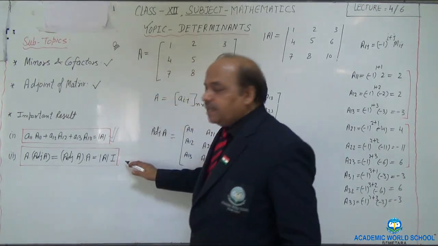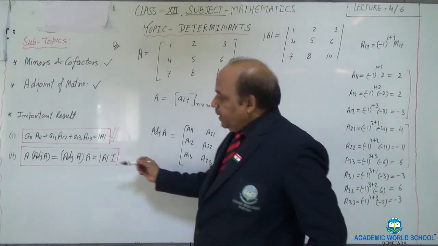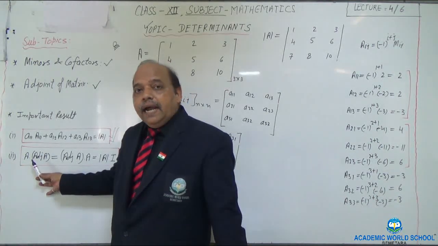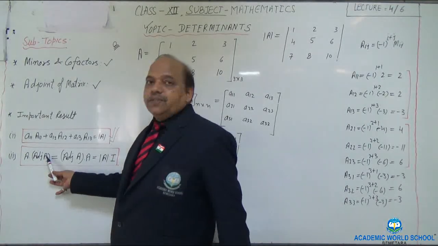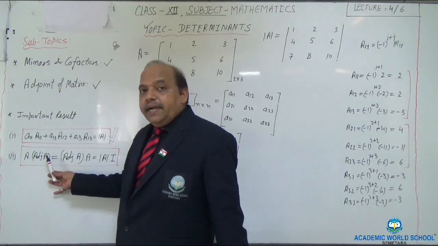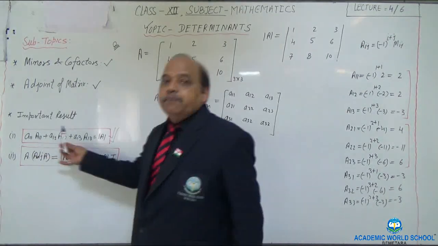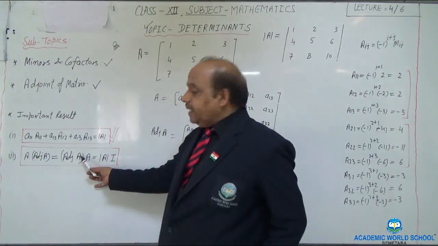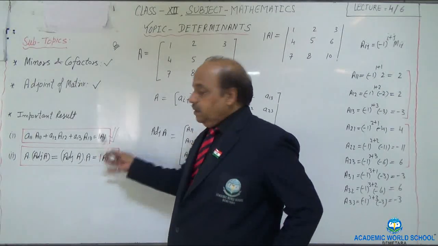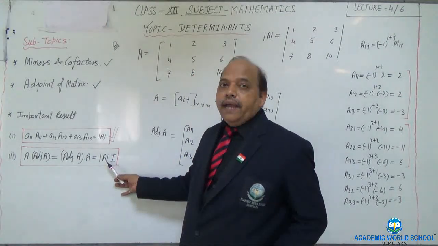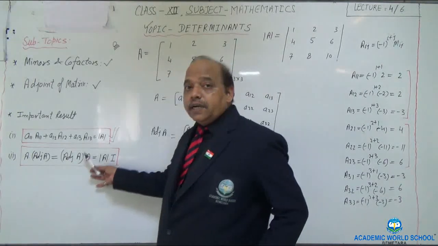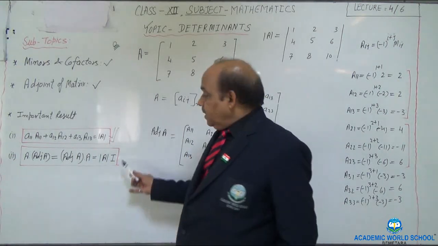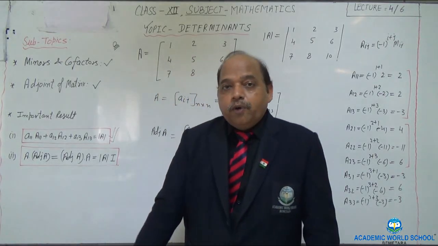In this last result, it says that if you multiply any matrix A by its adjoint, whether the adjoint is post-multiplied or pre-multiplied, A into adjoint A or adjoint A into A, the product is the determinant of A multiplied by the corresponding identity matrix. This is a very, very important result.